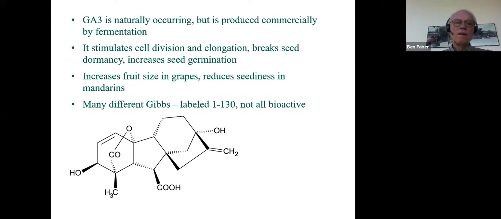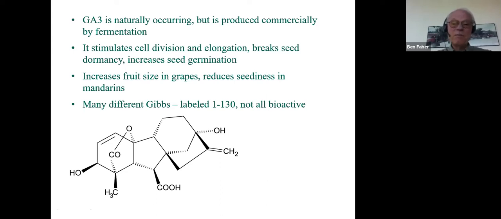So, you know, when you go to the grocery store and you buy these grapes that are the size of plums, it's because GA3 has been applied to them. So there are many, many different types of gibberellic acid, and they're labeled 1 through 130. Gib 1 was the first one, Gib 2 was the second one, Gib 3 was the third one, Gib 130 was the last one that was found.